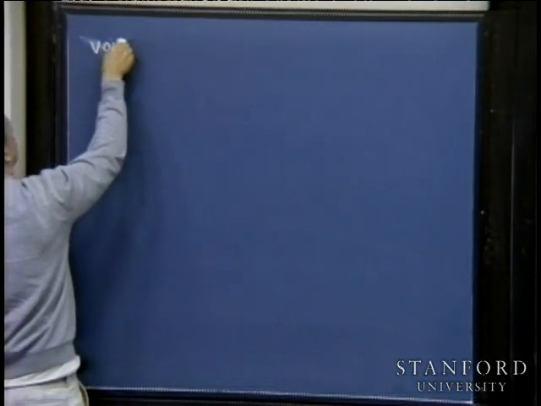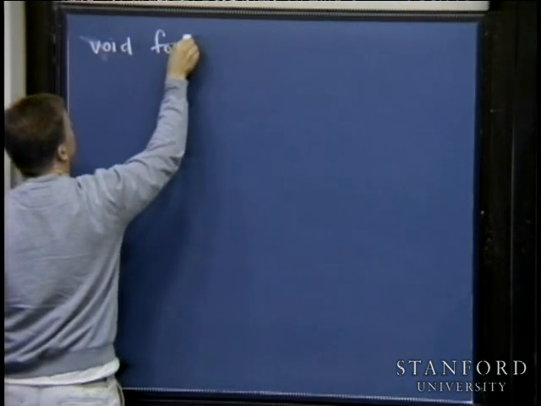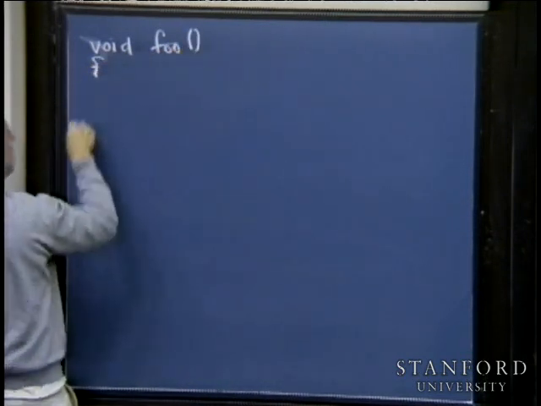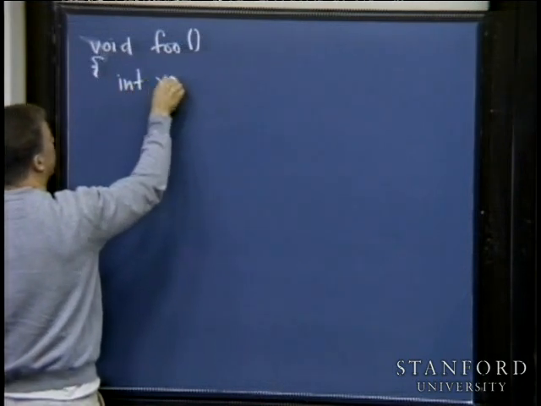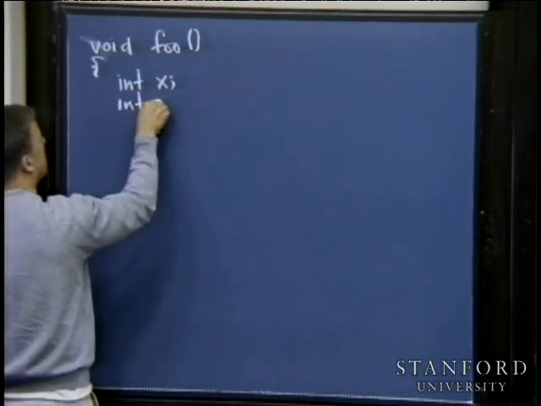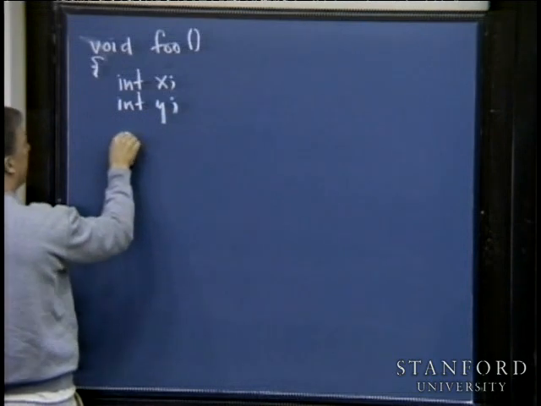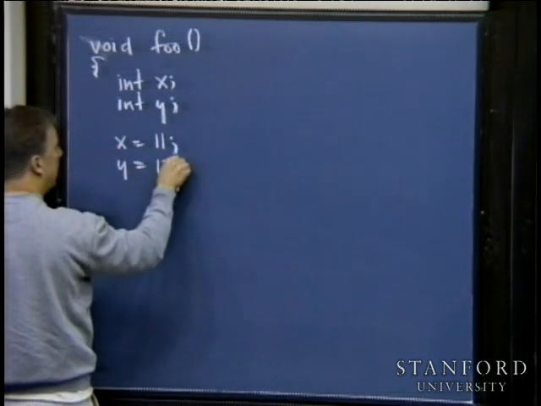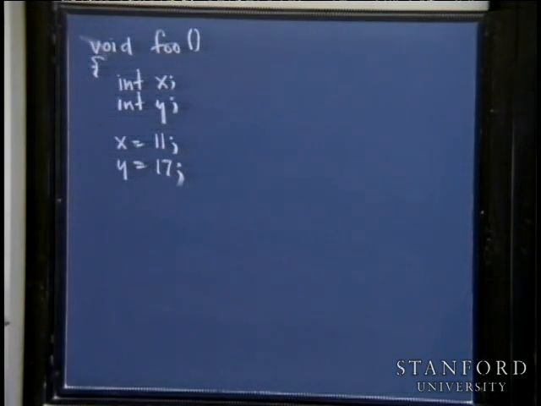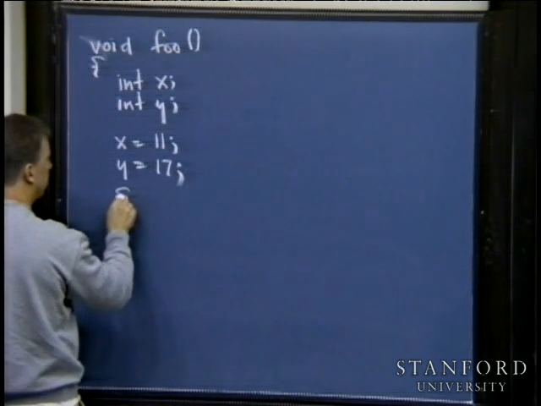A void function. I'll just call it foo, and I'll concern myself with the allocation of two local variables. I'll set x equal to 11, I'll set y equal to 17, and then I'm going to call this swap function.